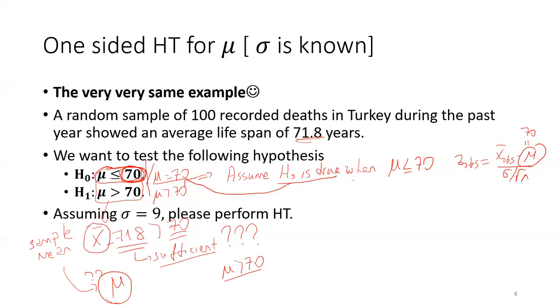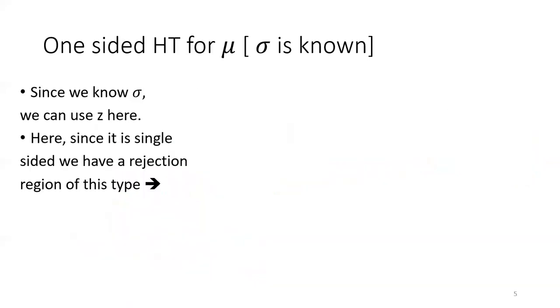Assuming that sigma is equal to 9, please make your hypothesis test with a 0.05 level of significance. We know sigma, hence we can use z here.